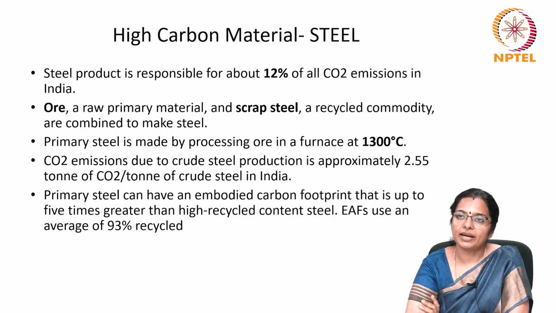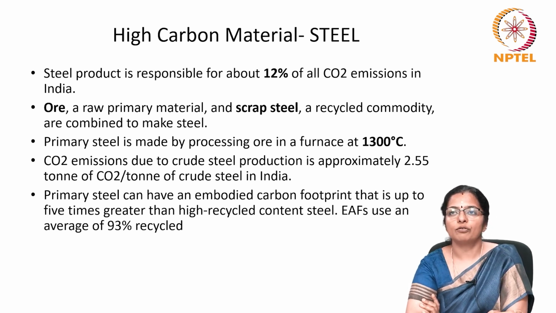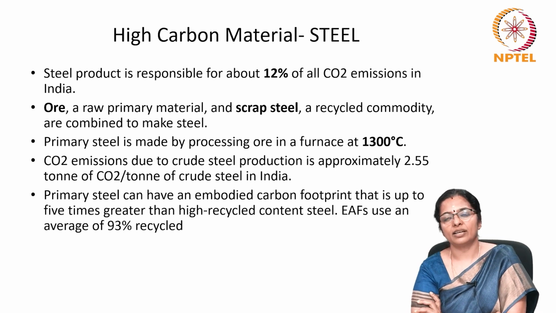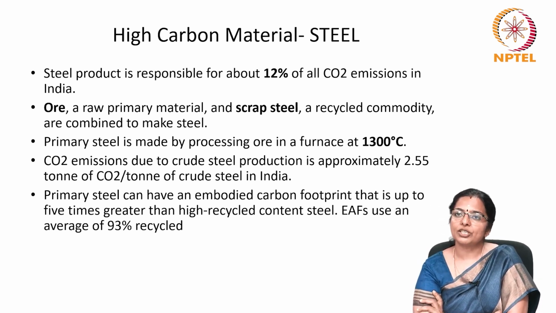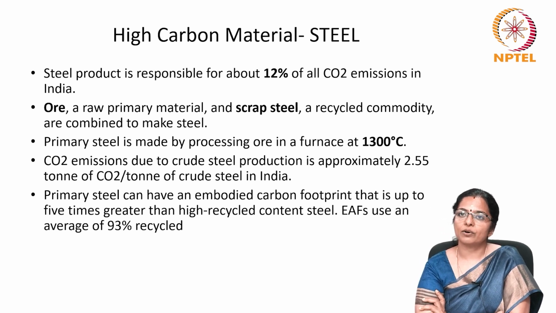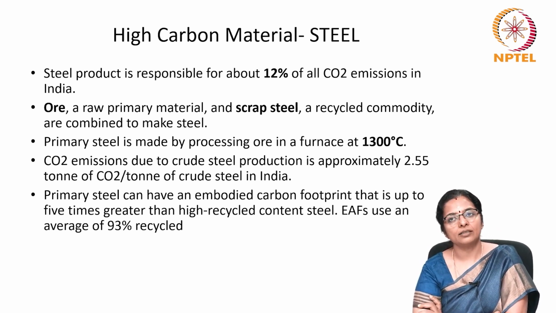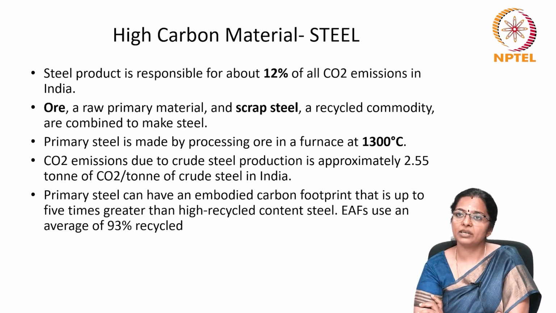Primary steel is made by processing ore in a furnace at 1300 degrees centigrade. CO2 emissions due to crude steel production is approximately 2.55 tons of carbon dioxide per ton of crude steel in India. Primary steel can have an embodied carbon footprint that is up to 5 times greater than high recycled content steel.